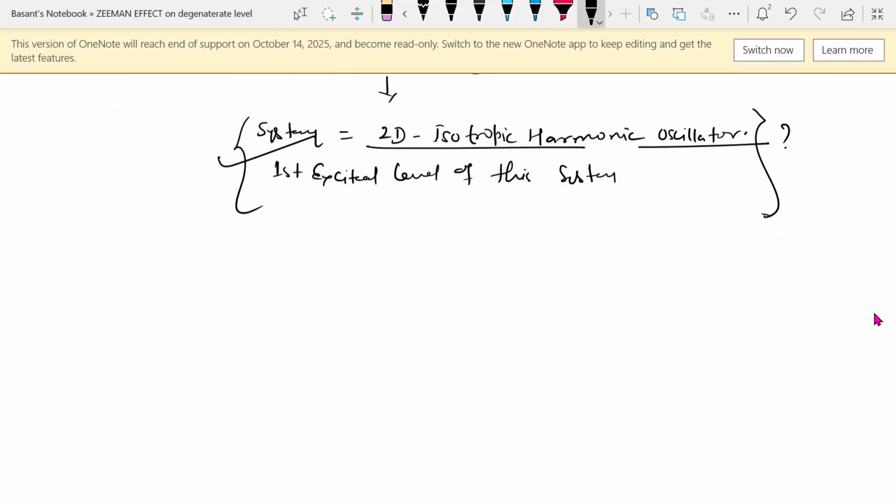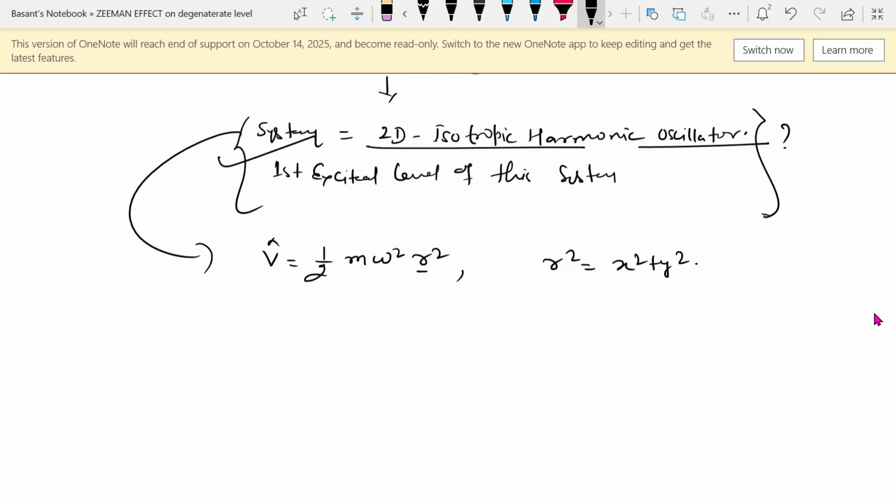What is this? For this system, the potential operator is half m omega square r square, where r is the plane polar coordinate and r square is nothing but x square plus y square. x and y are Cartesian coordinates.